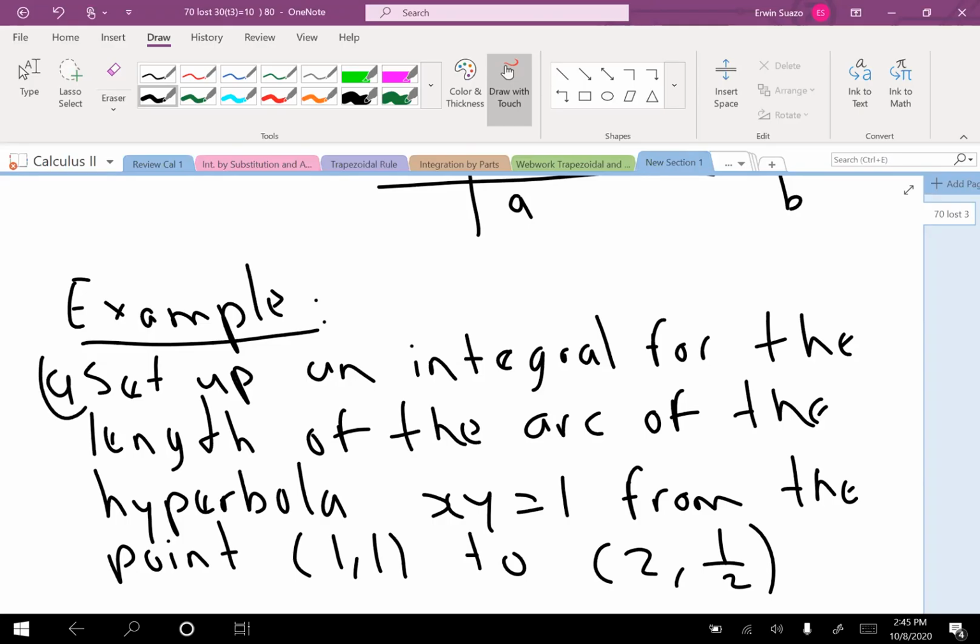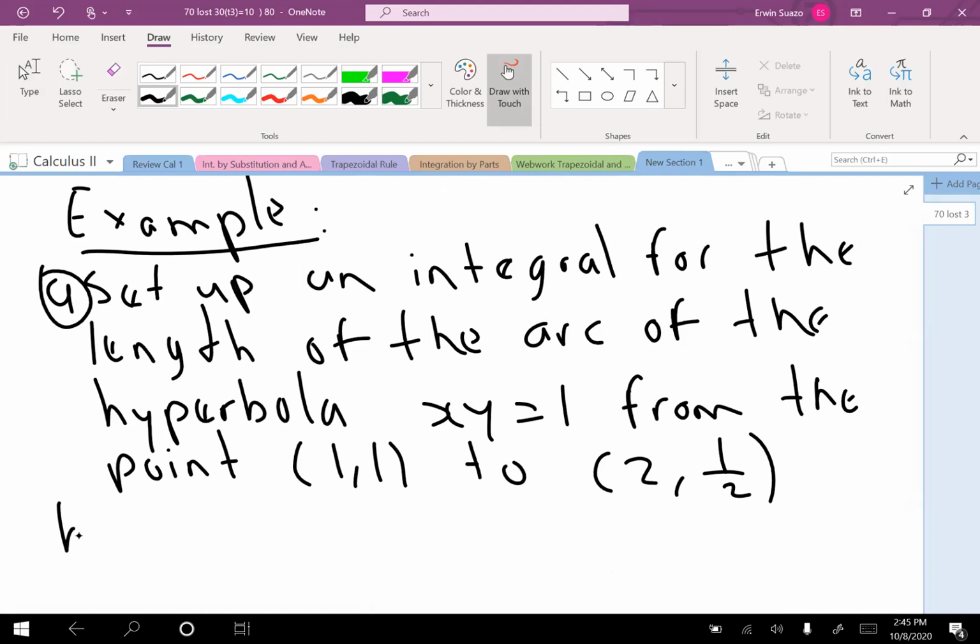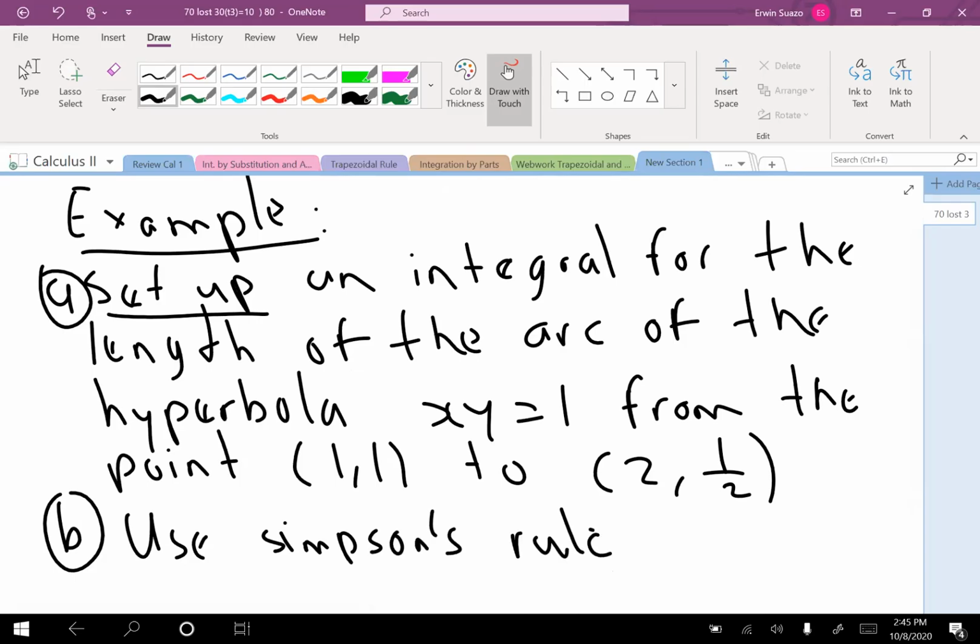So this is part A. And part B, so that's what it's saying, set up, because you cannot really find this integral. Use Simpson's rule with n equals 10 to estimate the arc length.